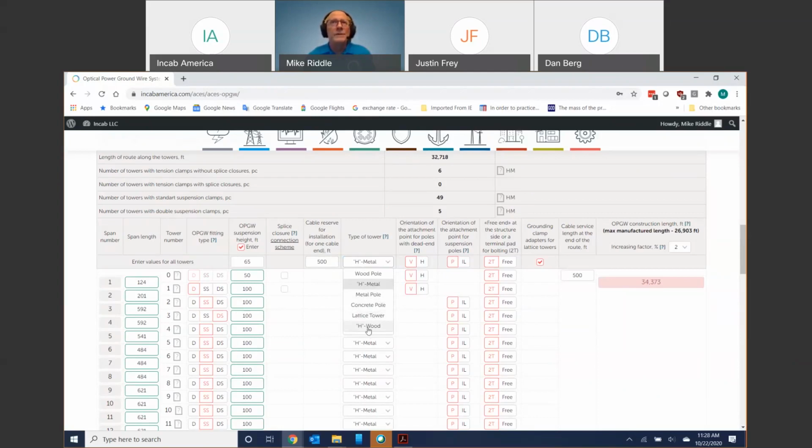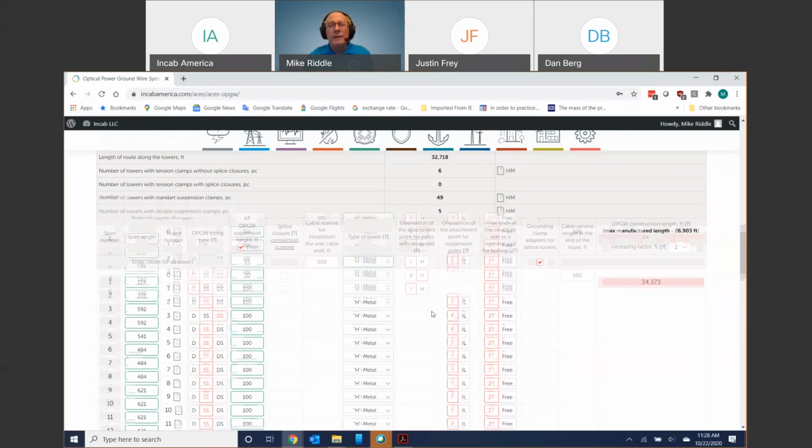That affects the sort of attachment hardware that's used with the other items, the suspensions, the dead ends, and whatnot. So if I choose metal for now, is the point oriented in the vertical or the horizontal position, and I can change that.